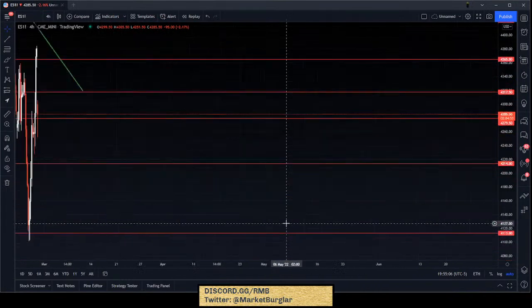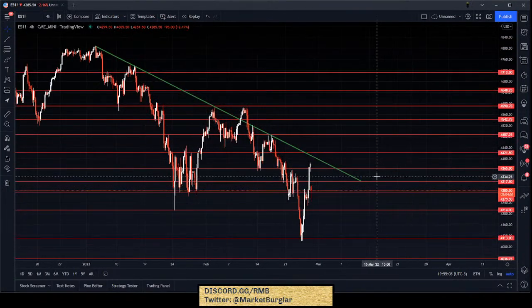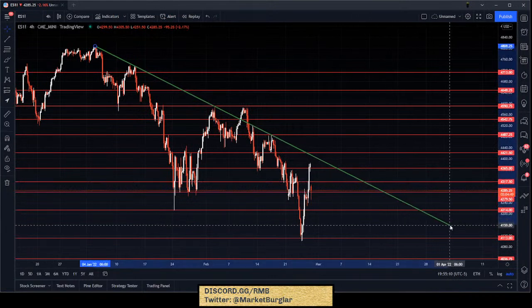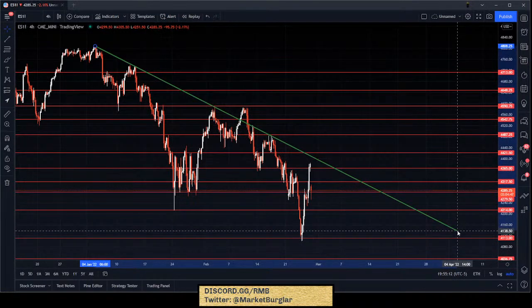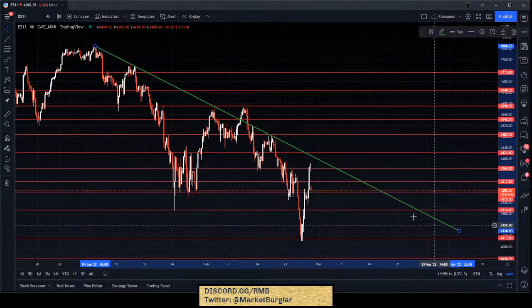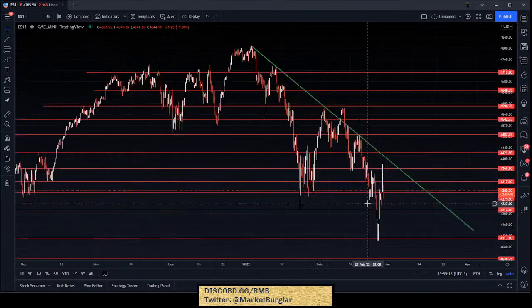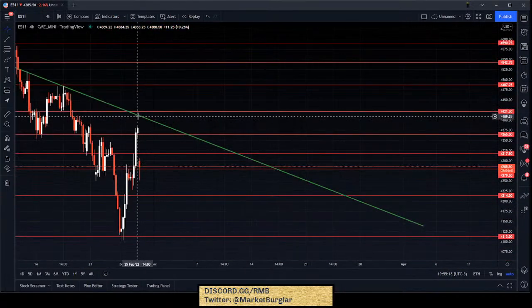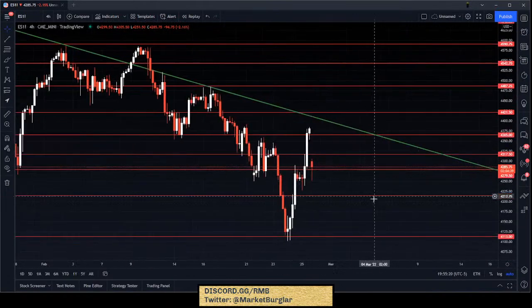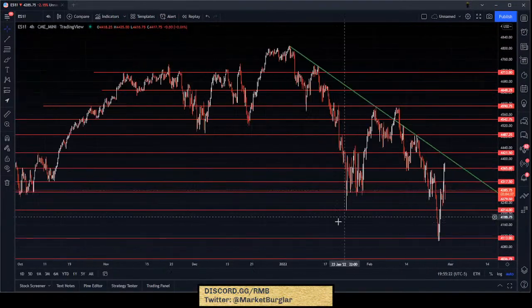It's a daily trend line, but you could call it a 4-hour trend line too. Easier to find it on the 4-hour than on the daily. Almost came up to it the other day. I thought we were going to reject off of there, but didn't make it up, and then look what happened when futures died out today.